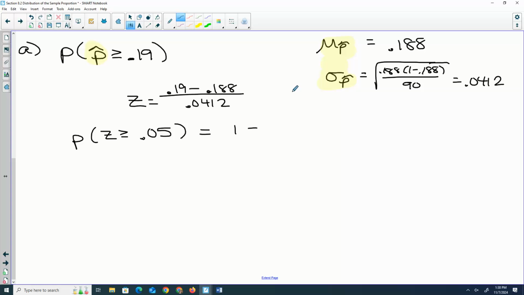And we get 0.5199. So 1 minus 0.5199 gives us 0.4801.